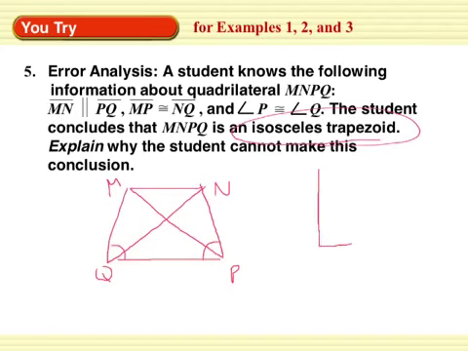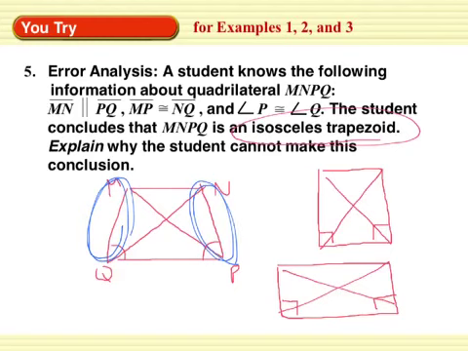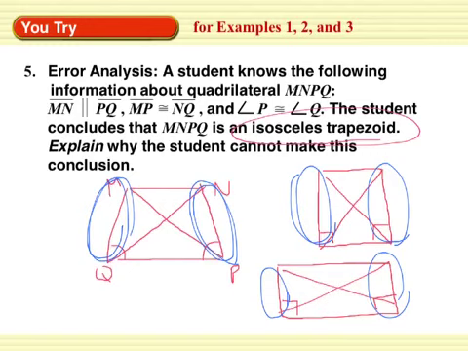Let's see if I can draw it a different way. With this being 90 and these being congruent, that's a square. I can probably draw a rectangle too, those being congruent, those being congruent. So it could be a rectangle or a square because we don't know the relationship. We don't know anything about these two sides. So it's possible it could be a rectangle, a square, or an isosceles trapezoid. We just don't know enough information.